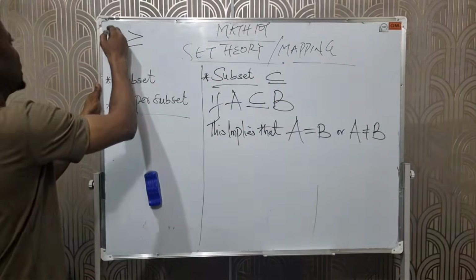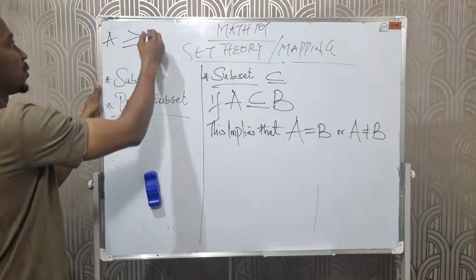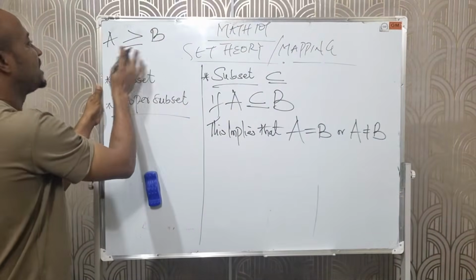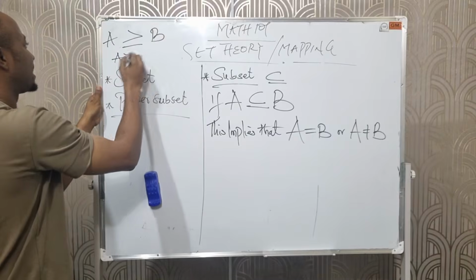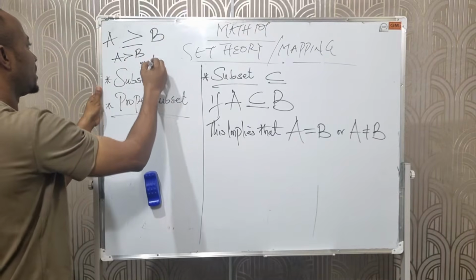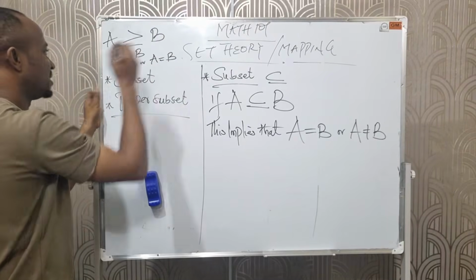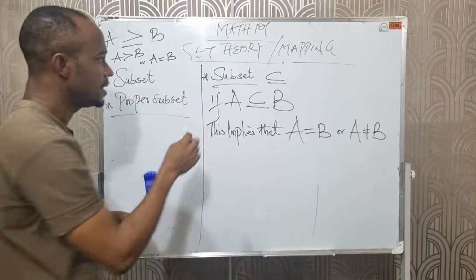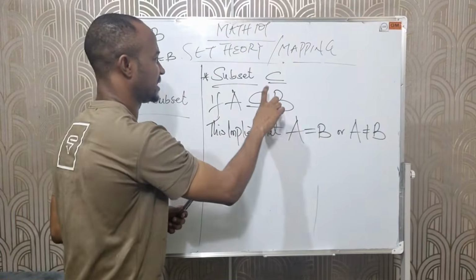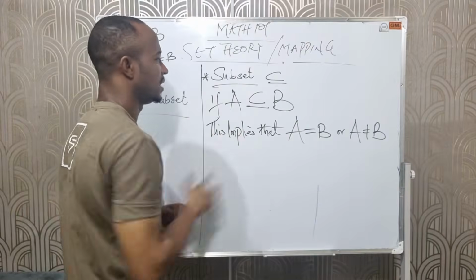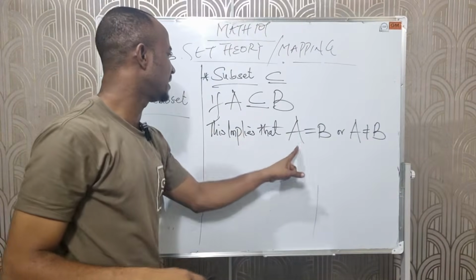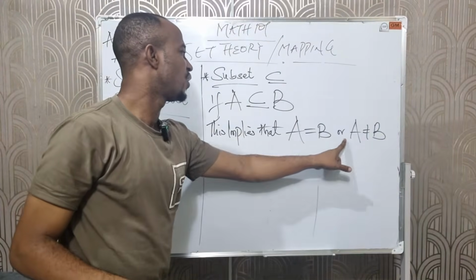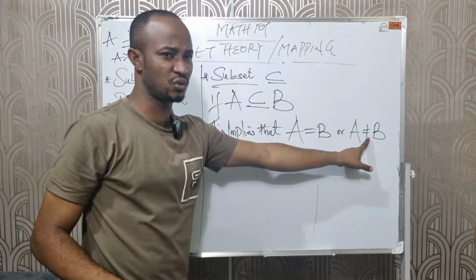Listen, if I say A is greater than or equal to B, this implies that either A is greater than B or A is equal to B. I hope you are aware. If A is a subset of B with this symbol, this means that A is equal to B or A is not equal to B.